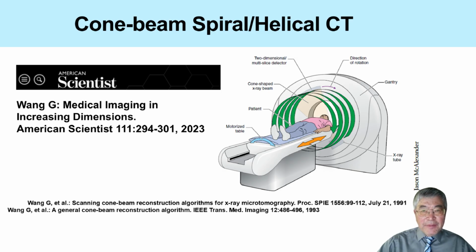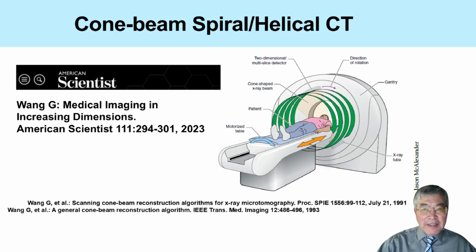At the same time, the X-ray source and detector rotate around the patient inside the donut-shaped gantry, while the patient table continuously moves through the scanner. Because of this combined rotation and translation, the X-ray source follows a spiral or helical trajectory relative to the patient. Along this trajectory, the system continuously acquires cone beam projection data.